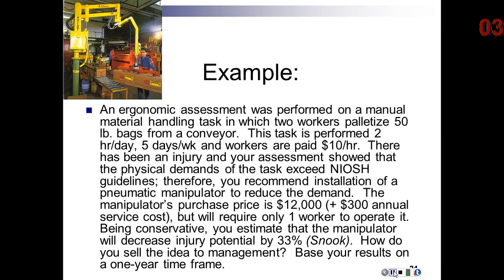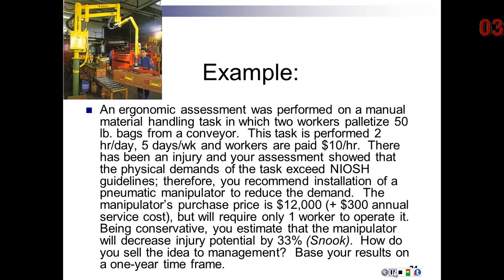You estimate, you're not going to guarantee there won't be any injuries because people are still physically involved in the job, or you'll have this one person involved, so you're not eliminating injuries, but you are reducing the potential for it. And so you suggest that the manipulator will decrease injury potential by 33%.